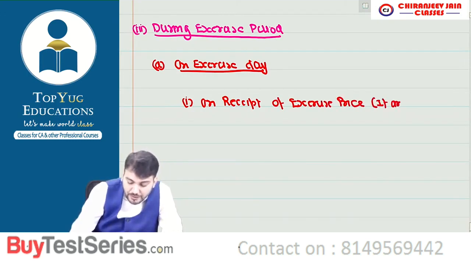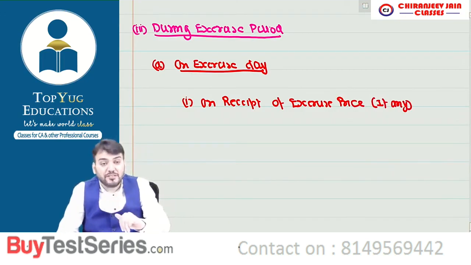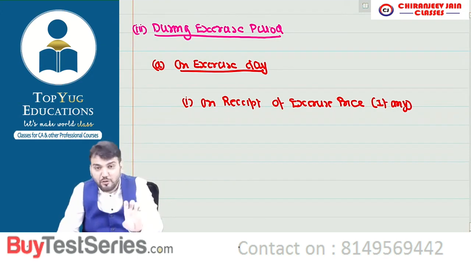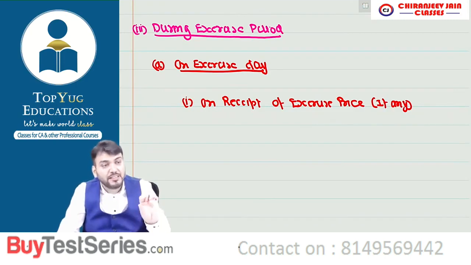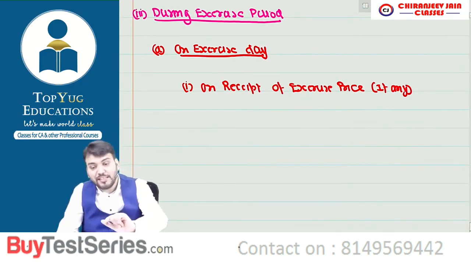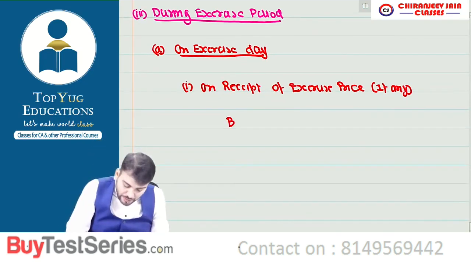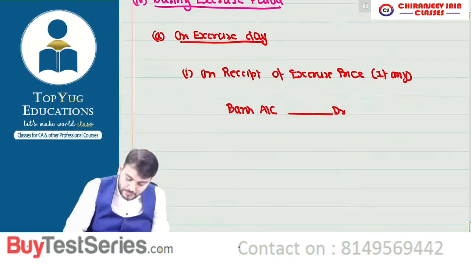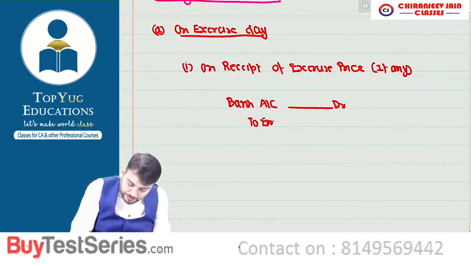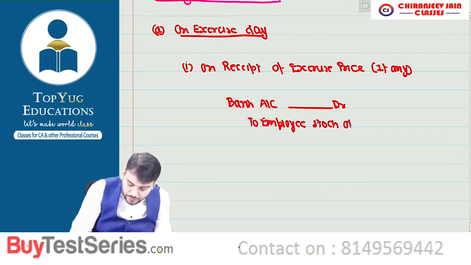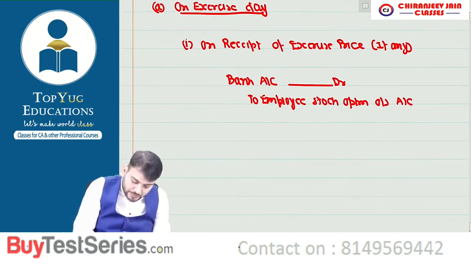It might happen that shares are given free of cost, meaning the exercise price may be zero. Then intrinsic value will be equal to market price. That is why I wrote on receipt of exercise price, if any. So the journal entry is: Bank account debit to employee stock option outstanding account.